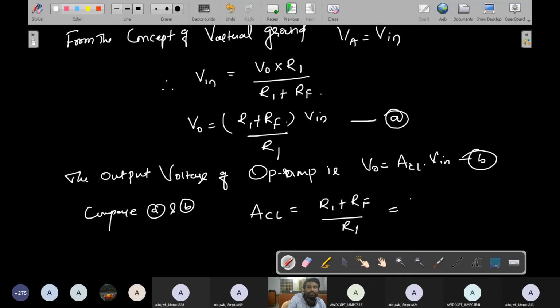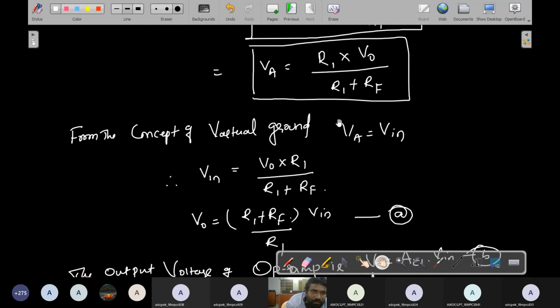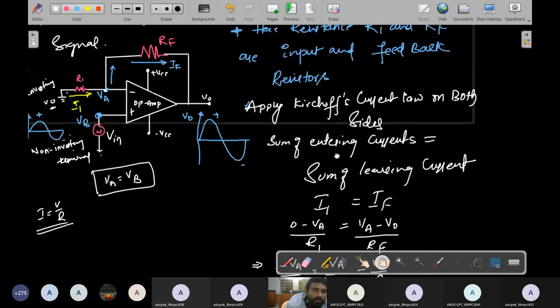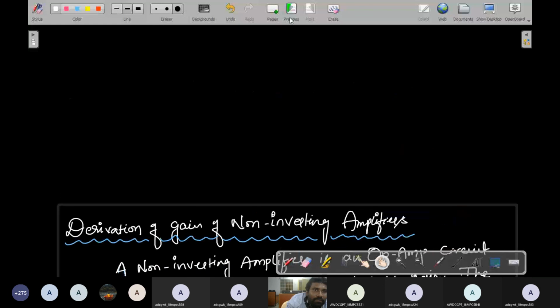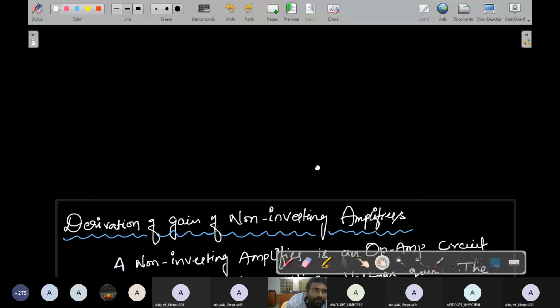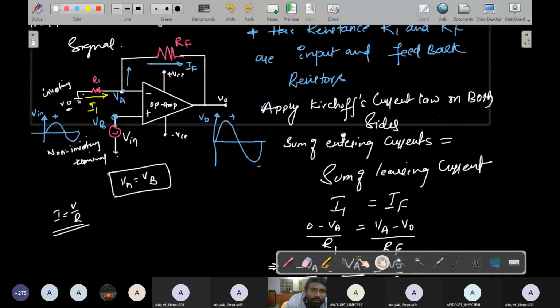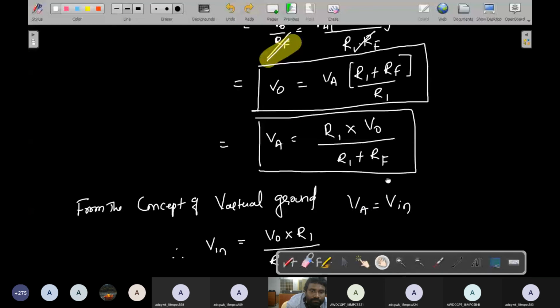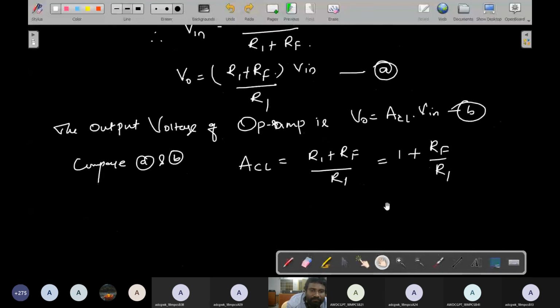Otherwise it is 1 plus RF divided by R1. So this is the gain formula.